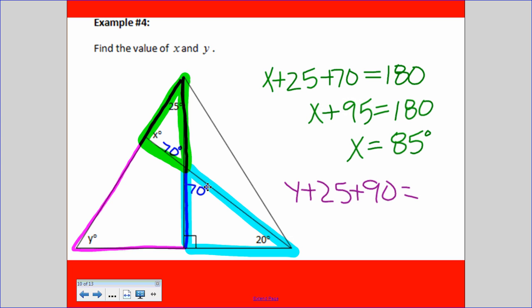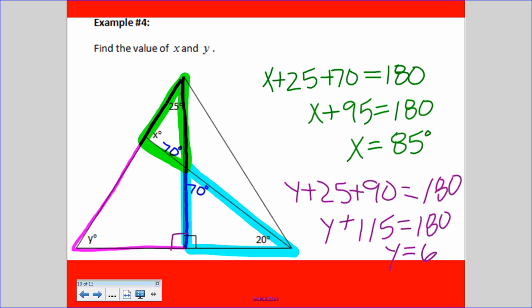This is 90 right here on both sides equals our 180. So what do you get for y? Raise your hand. 65 degrees.